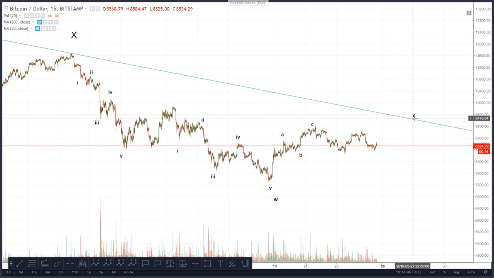I do see a good short coming on around this level. We'll be looking for lots of indicators supporting that. What I would expect is after we've seen this corrective wave here, I want to see a final 3 legs up to here. Once we see the 3 legs completed, we'll be looking for RSI divergence.